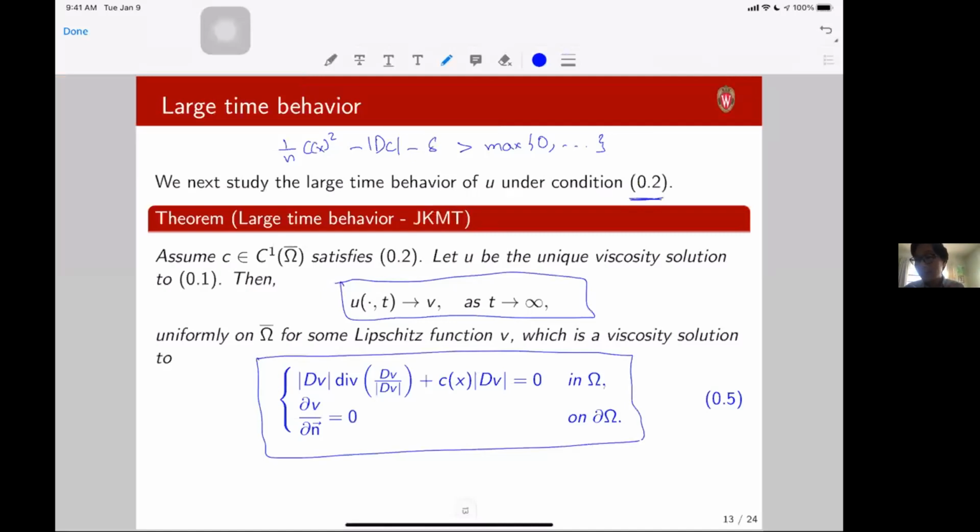As I said from the beginning, what is really open and interesting is to characterize all solutions to this equation.